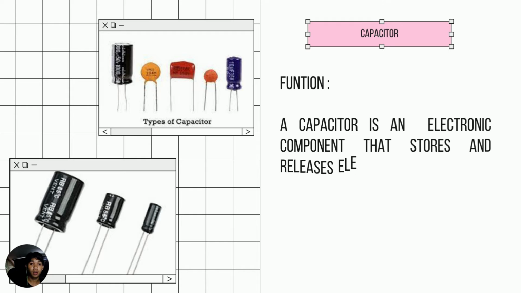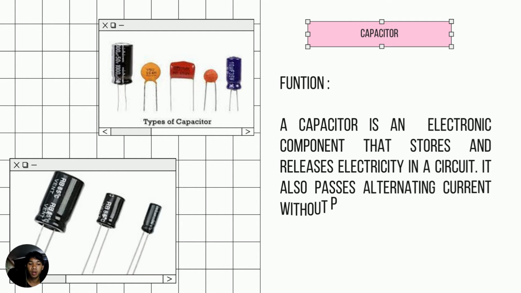So here is a capacitor. What is a capacitor? A capacitor is an electronic component used to store energy in the form of electrical energy, just like a battery that also serves to store energy.